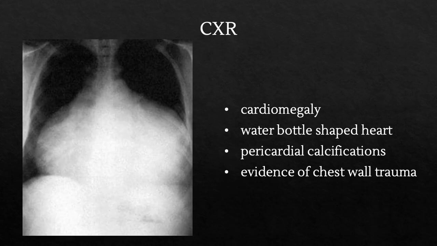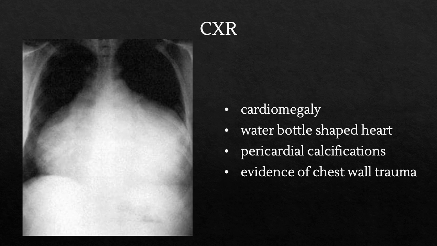Please do not wait for a chest x-ray to make your diagnosis. These findings are usually more your pericardial effusions, but patients tend to have a cardiomegaly. They tend to have a water bottle shaped heart.